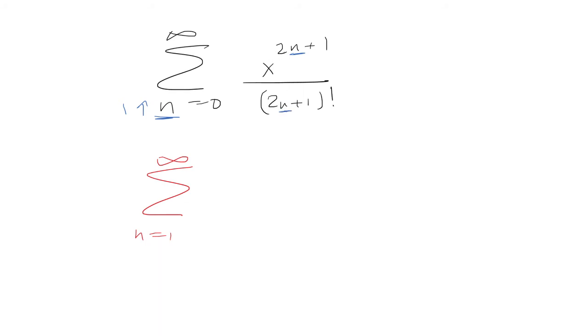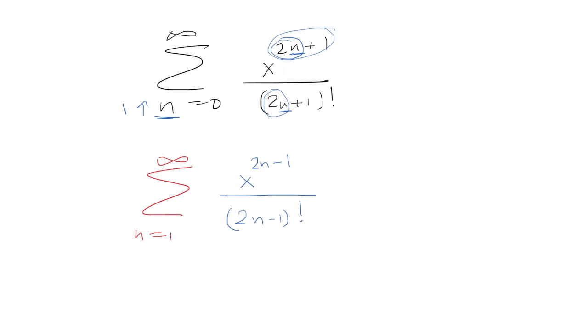And so if we decrease the n's by 1, we're actually decreasing the whole thing by 2, because that's the coefficient in front of the n. So that would just be 2n, and then we would subtract 2 from the whole thing, which will be 2n minus 1 over 2n minus 1 factorial.